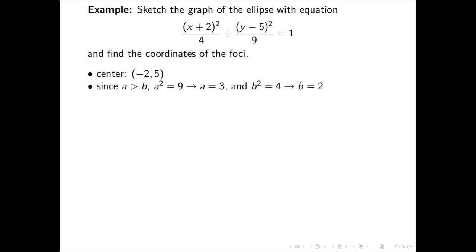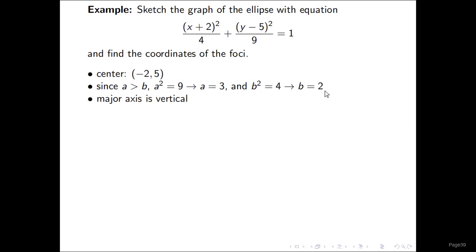Now again, a squared is the greater value, so it would not be the 4, but the 9 there. a squared equals 9, so a is 3. b would be the smaller value, so b squared equals 4, so b equals 2. So we know that the length of the major axis is twice this value, so 6, and the length of the minor axis would be twice this value, so 4.